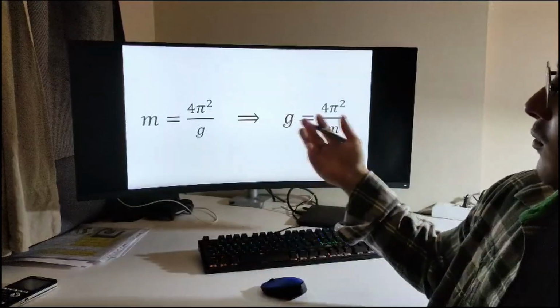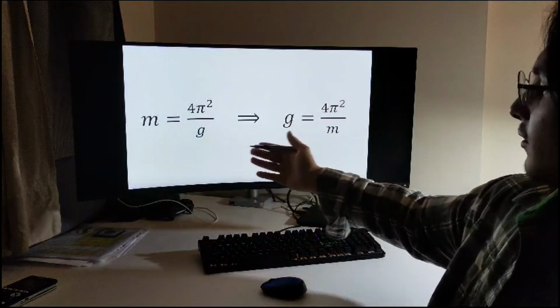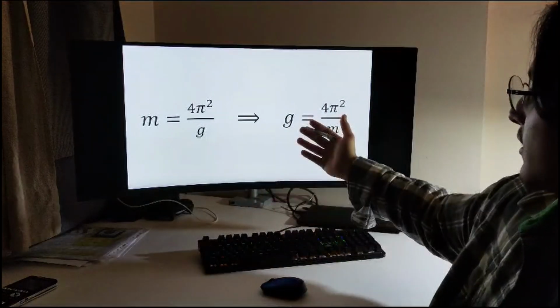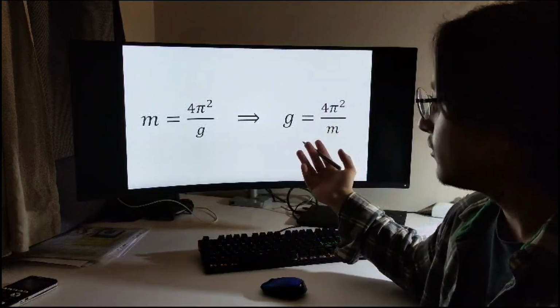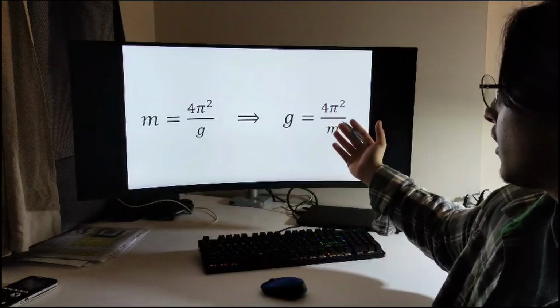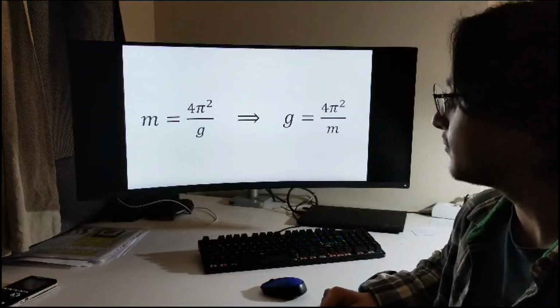Then by some algebraic manipulation, we can see that g can be calculated by dividing 4 pi squared by the measured value of the slope of the graph.